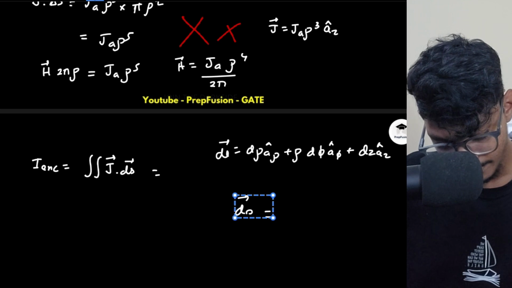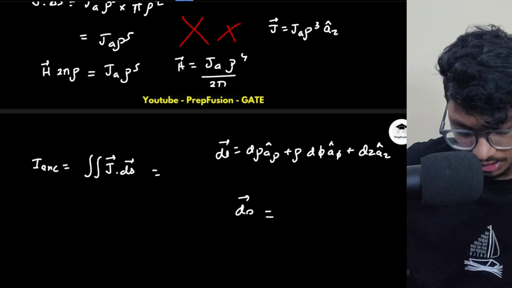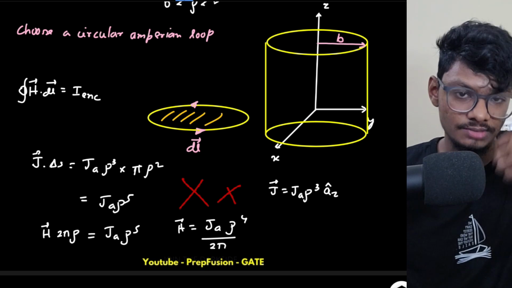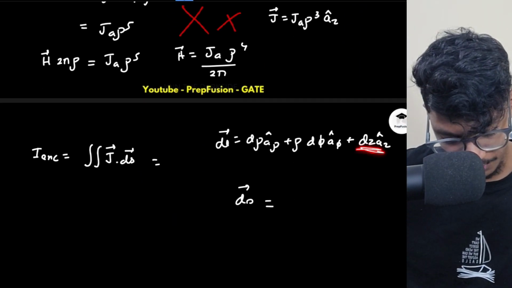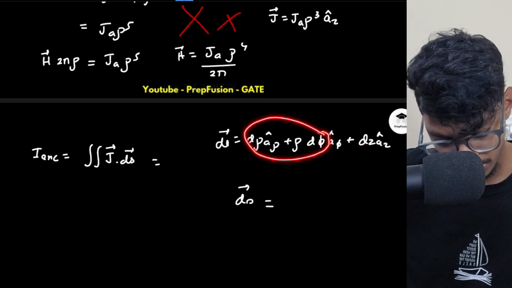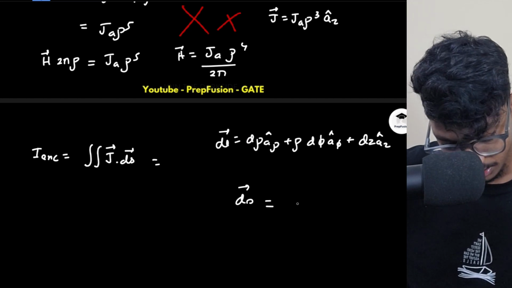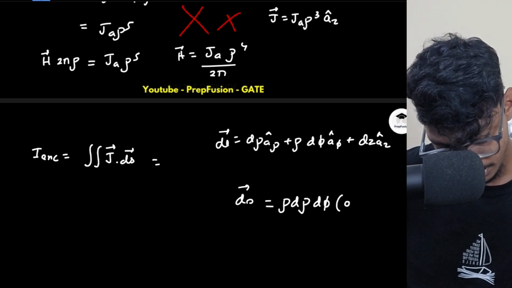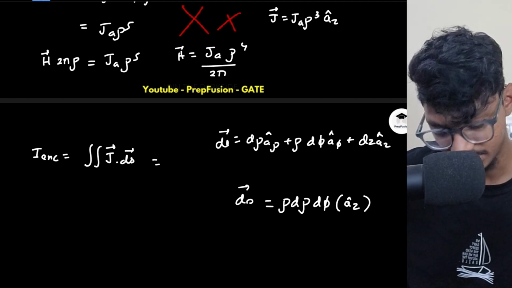I know my surface, and the orientation is also given. It is in the positive az cap direction, so I will just choose the other two variables. So it will be rho d rho d phi az cap. Correct? This is the orientation.